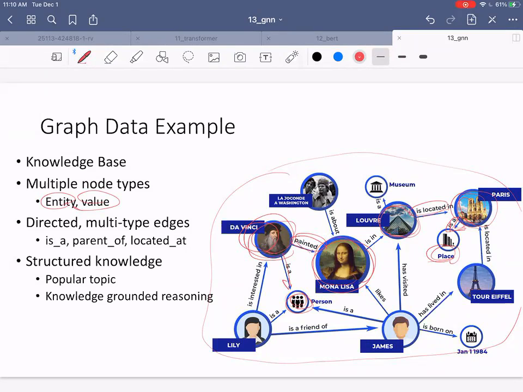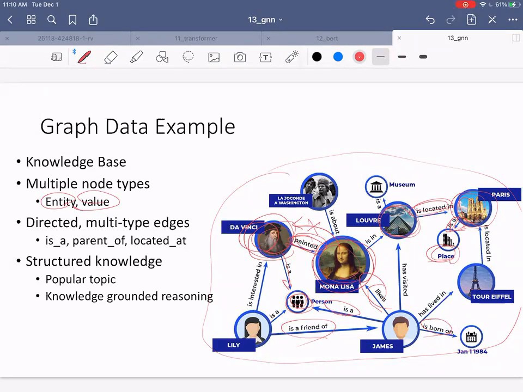For example, Da Vinci painted Mona Lisa, but Mona Lisa did not paint Da Vinci, so it's a unidirectional relationship. There are a lot of edge types, like painted by, located in, is a, likes, friend of, born in, something like that.